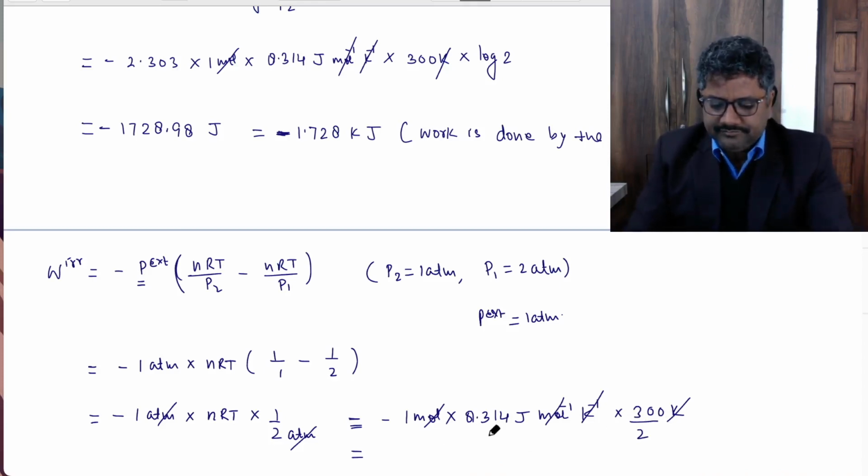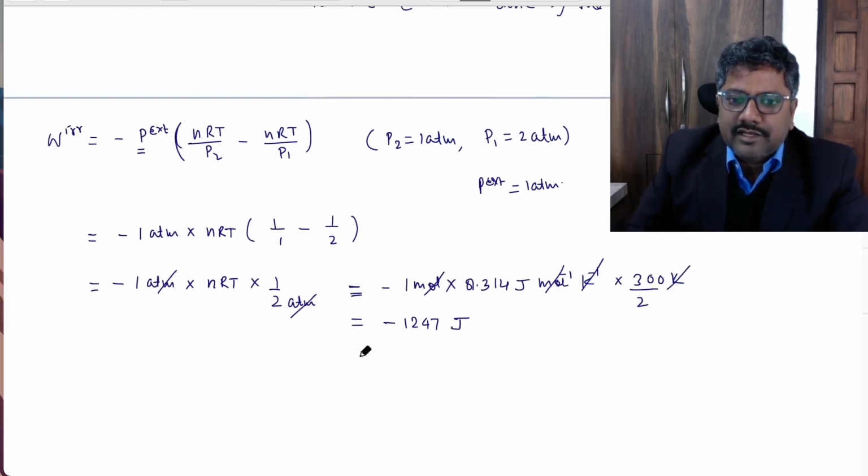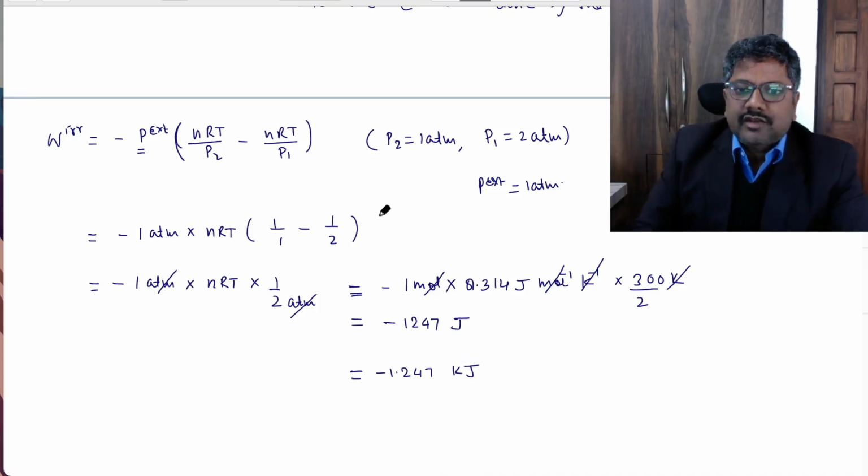So 8.314 multiplied by 300 divided by 2. So 1247. So minus 1247 joules, or we can say minus 1.247 kilojoule, right?